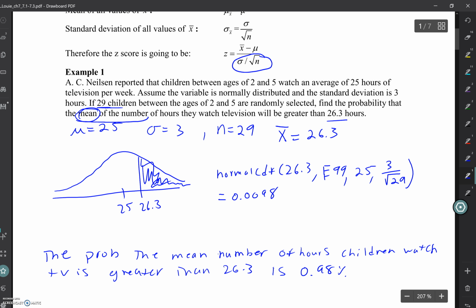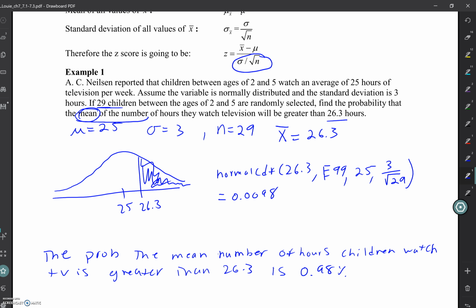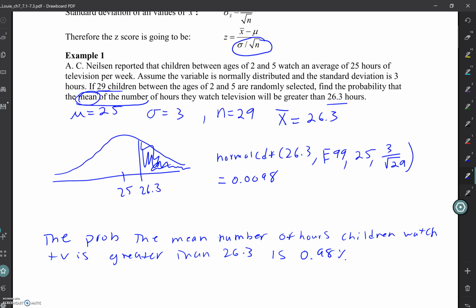If you wanted to round it to 1%, that'd be fine. Questions on that?